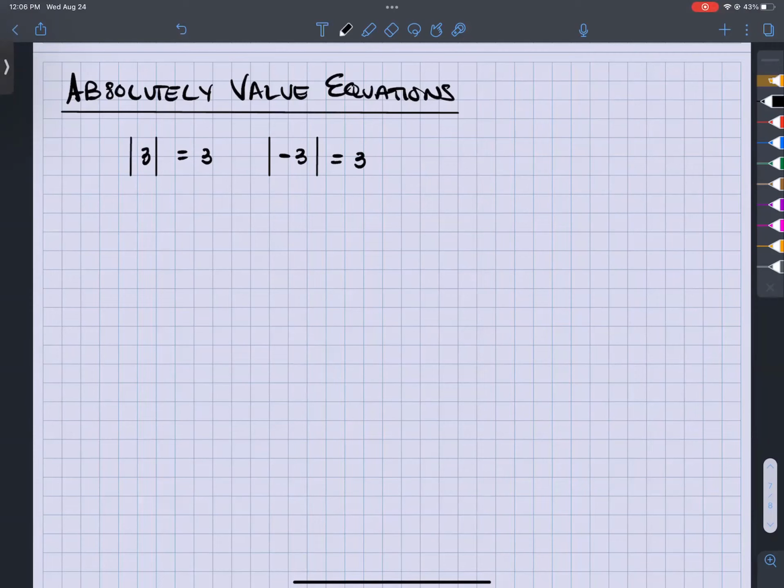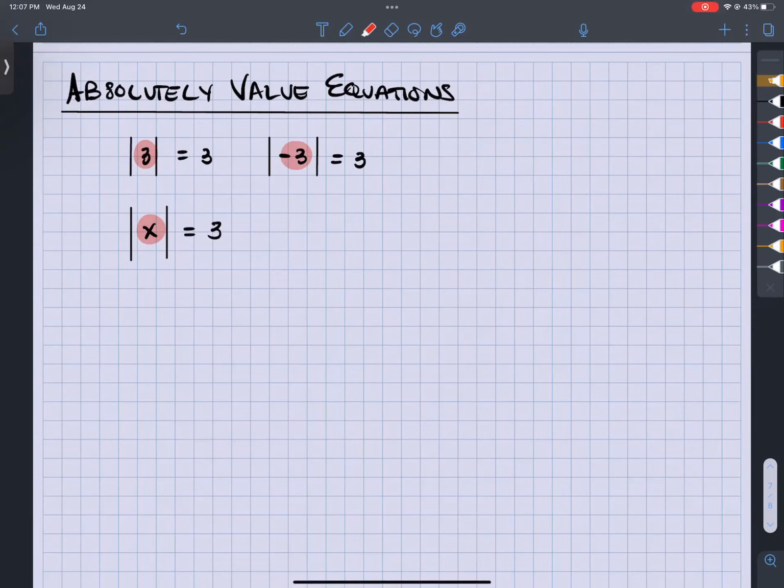So if I was to give you a problem, for example, the absolute value of x equal to 3, what I'm showing here is that this x could be 2 different results. Make sense?